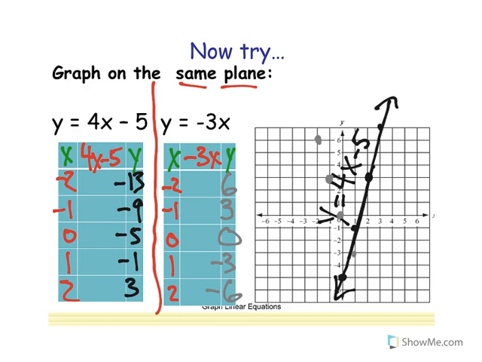I've got 1, negative 3, and I've got 2, negative 6. So I'm going to connect my points here. I'm going to make my arrows, and I'm going to label my equation, maybe down here, y equals negative 3x. So that's what it should look like.